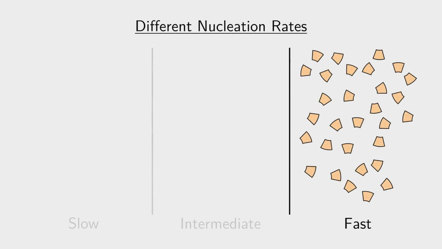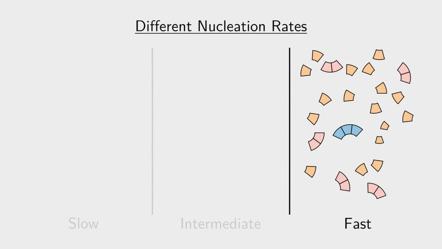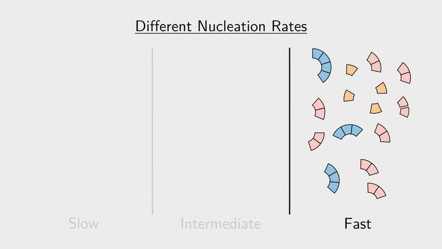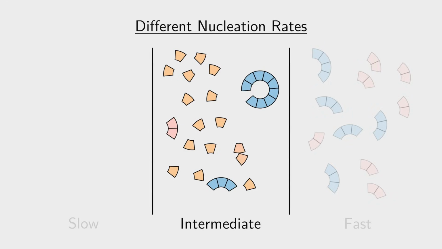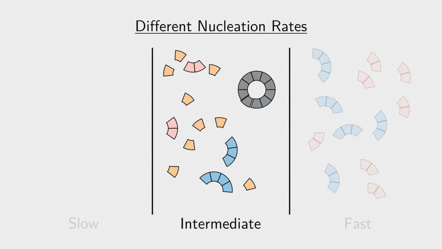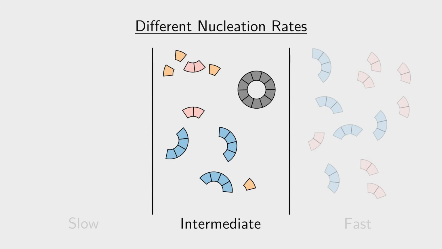For fast nucleation, many nuclei form, depleting the system of free subunits. This leads to so-called kinetic traps, where no or few target structures are completed and also no free subunits remain. For intermediate nucleation, typically structures grow larger. Completed target structures start to emerge, while some kinetic traps remain.